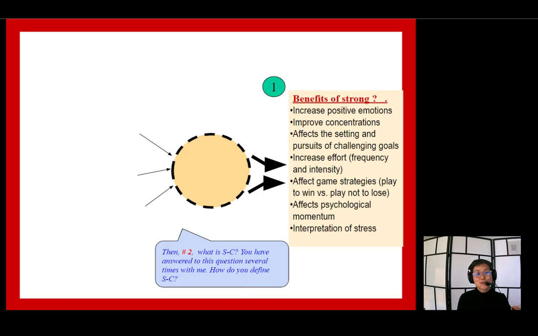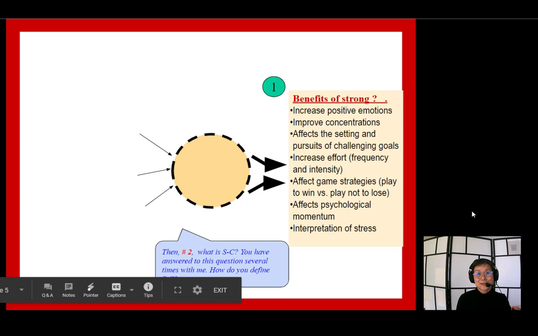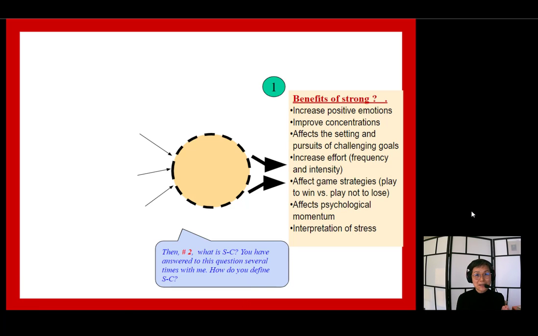Benefits of a strong, question mark here. If we have this, these are the positive ABC outcomes. It increases positive emotion, so your emotion will be more on the positive side, and improves your attention capability and concentration. It influences the setting and pursuing of challenging goals.